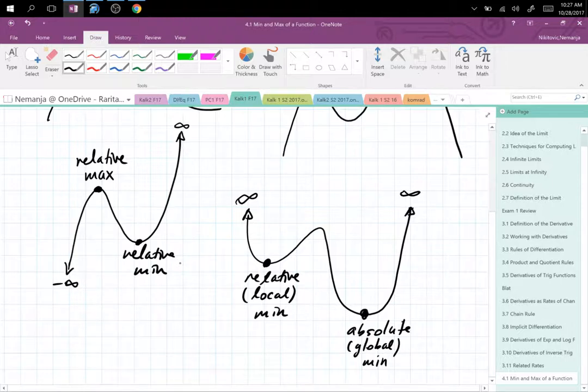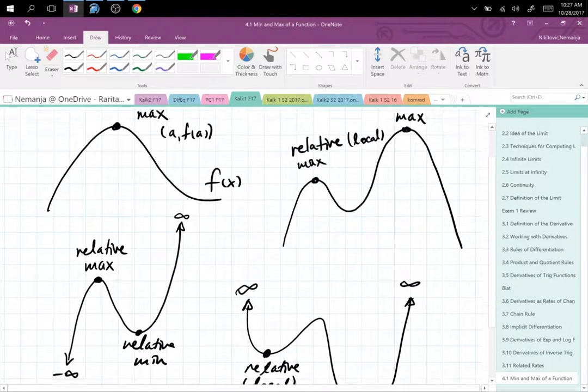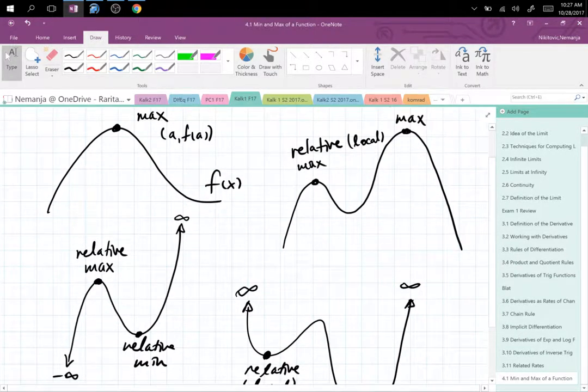But we also want to figure this out using calculation. Now, what is interesting over here is to note that tangent lines at each one of these, whether it's a min or a max, local or global, all of the tangent lines you draw through these are horizontal, and their slope is 0.